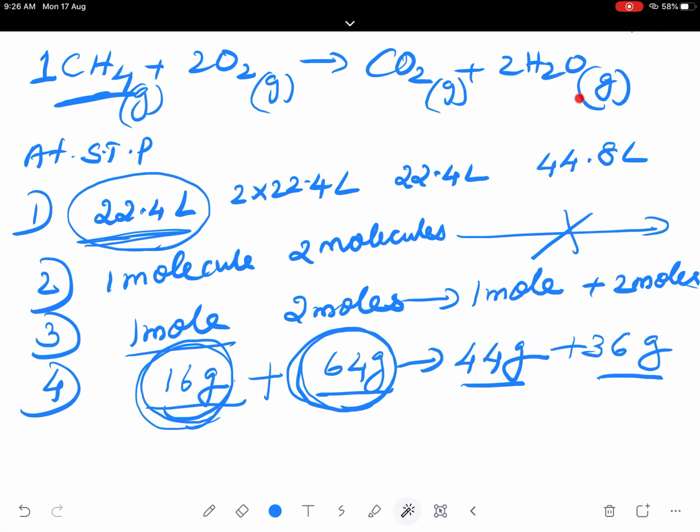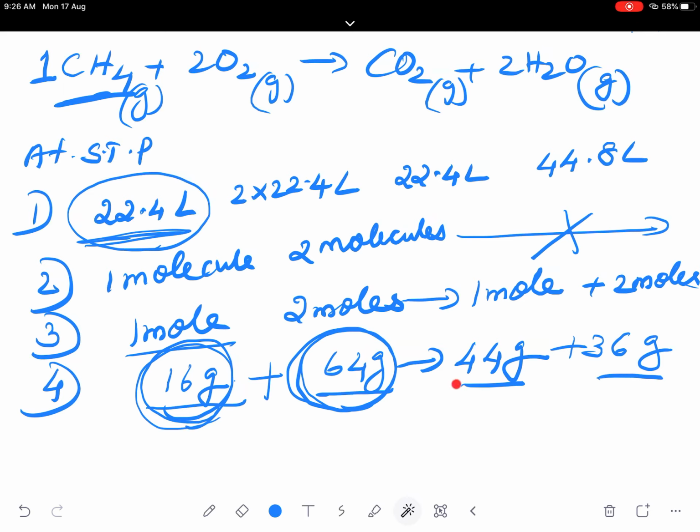How many moles of methane are required to produce 22 grams of carbon dioxide? Look at this number. They are talking about carbon dioxide. Here it is 44 grams of carbon dioxide, given by how many moles of methane? Let's first see methane, that is 16 grams.